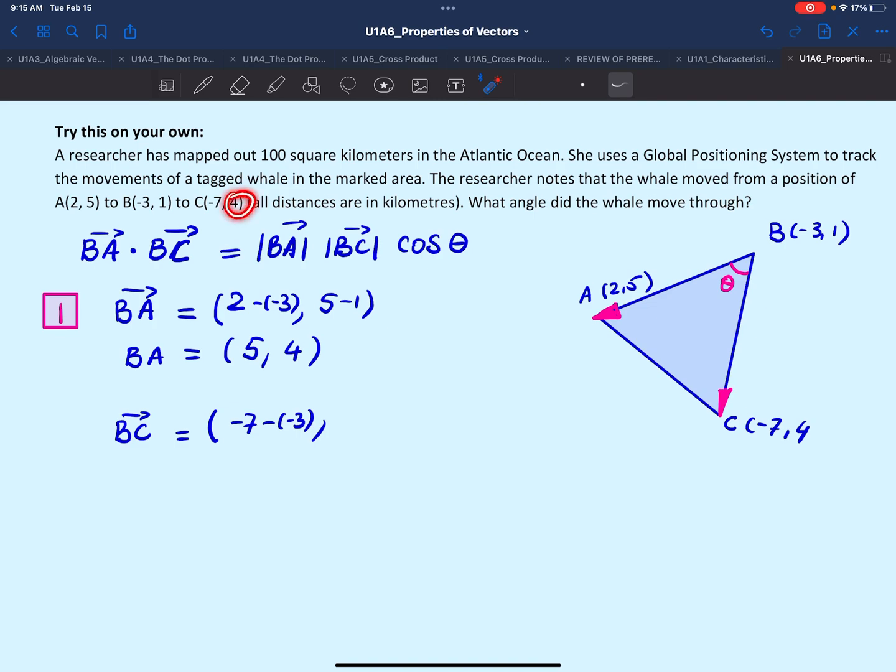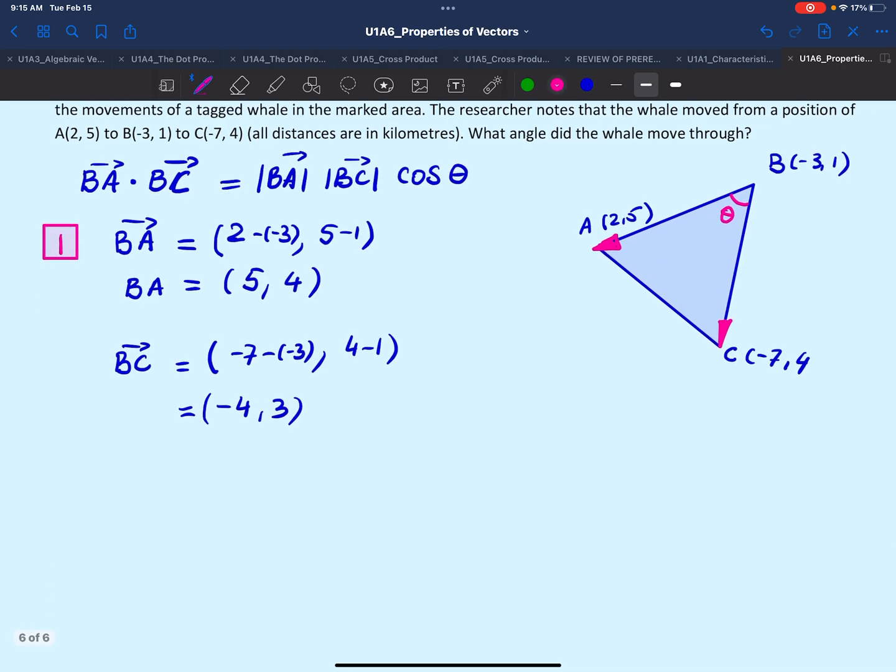Next, 4 minus 1. So BC will have the coordinates -7 plus 3, which is -4, and 4 minus 1 is 3. So we got BC. Based on the coordinates of the vectors, now we'll focus on finding the dot product, and we're going to find the magnitudes as well. So let's start off with the dot product.